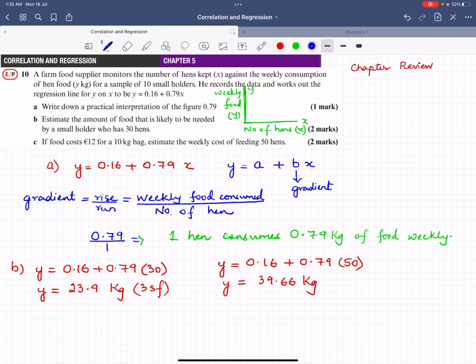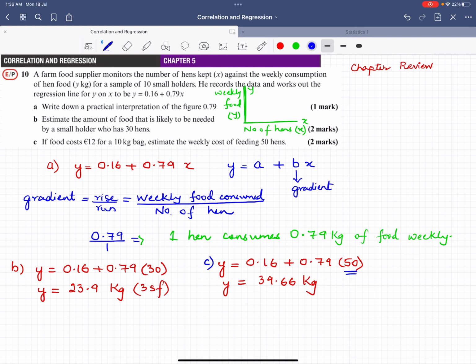So we require 39.66 kg of food for 50 hens, and what we are required to find here is, if a 10 kg bag costs 12 euros, then what will be the cost of 39.66 kg of hen food?